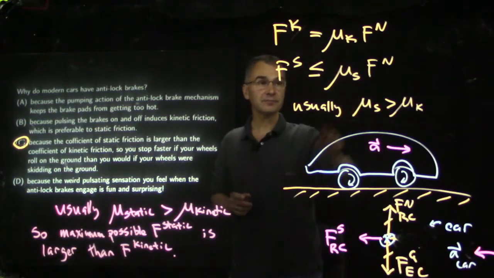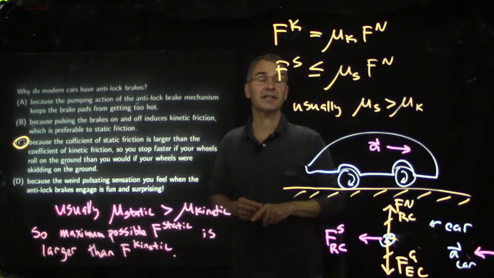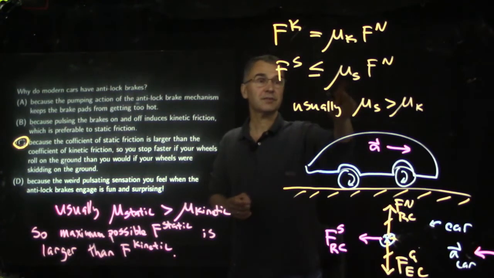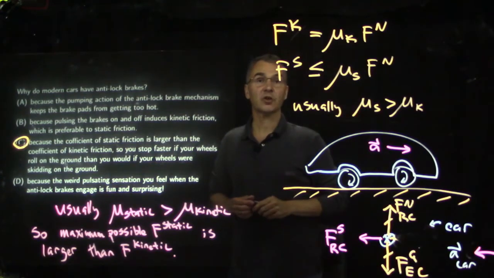So if mu static is bigger than mu kinetic, then you can get a bigger stopping force. You can get a stronger frictional contact between the road and your tires, thereby slowing your car down more quickly if you're using static friction, thereby using this larger static coefficient of friction, which is possible if you have the wheels rolling without slipping.